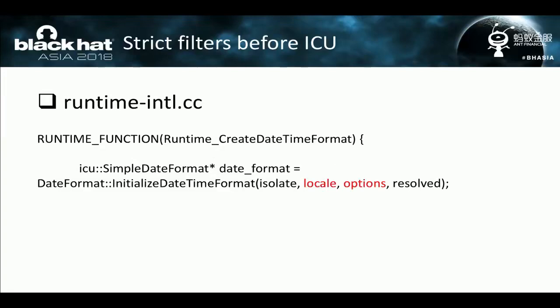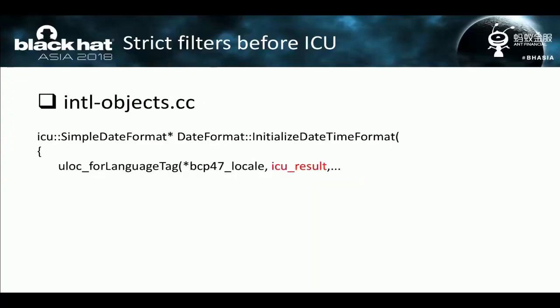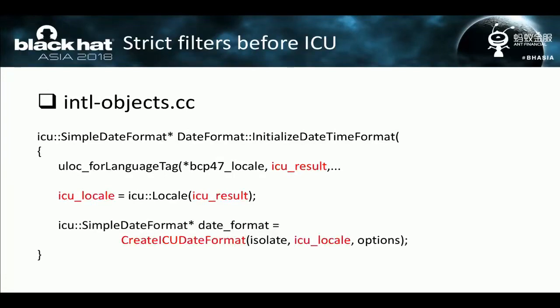After the locale and options have been filtered, they will be passed to the runtime CreateDateTimeFormat function, which is a C++ function, which will call the InitializeDateTimeFormat function to create a SimpleDateFormat. In InitializeDateTimeFormat, the locale is first converted to ICU result bytes, then CreateICUDateTimeFormat is called.